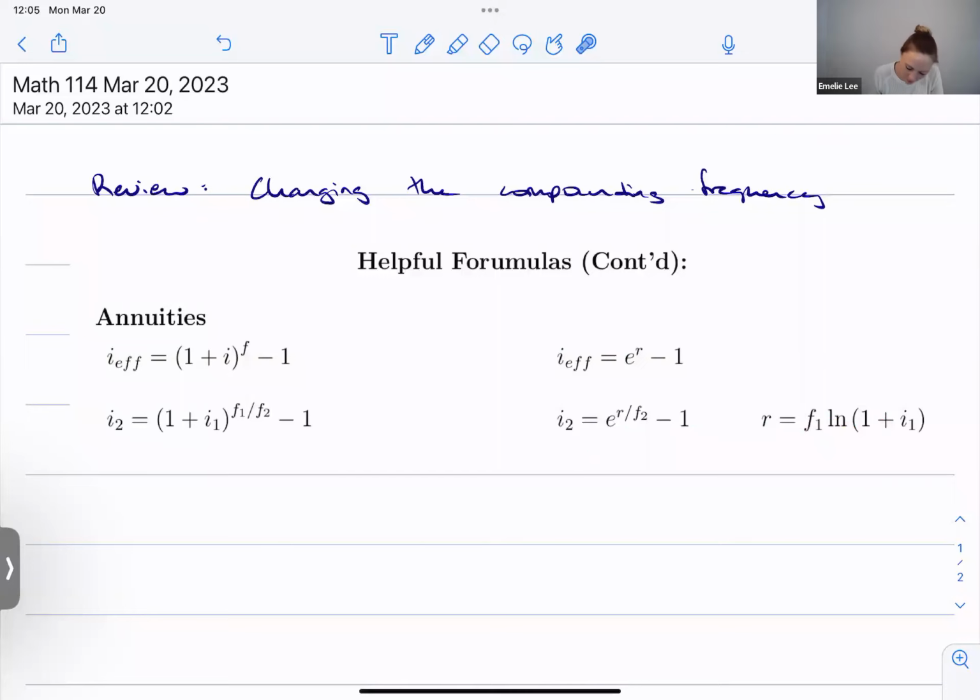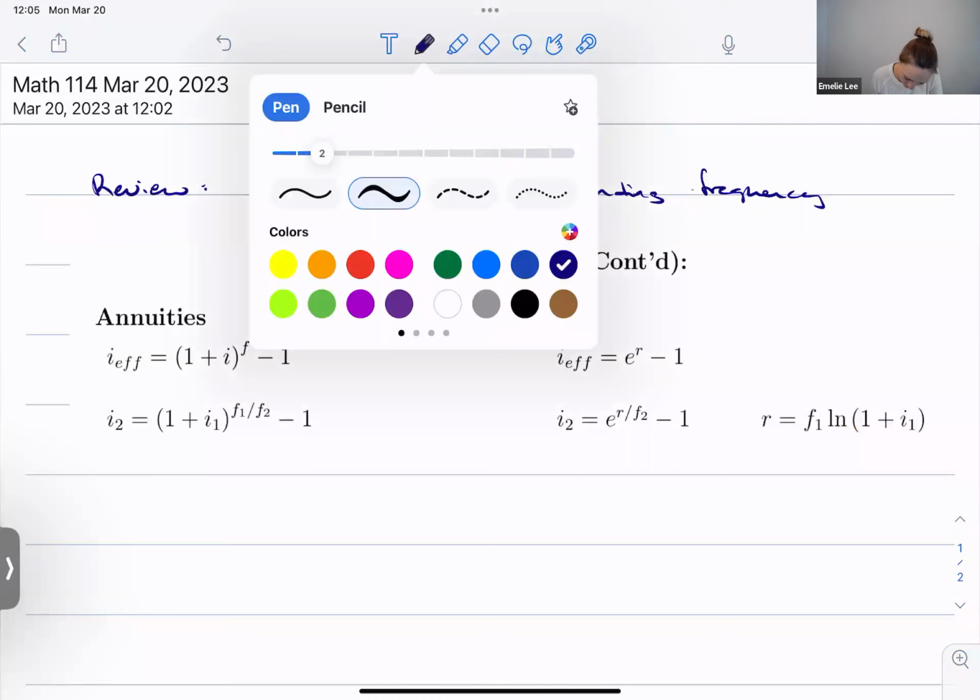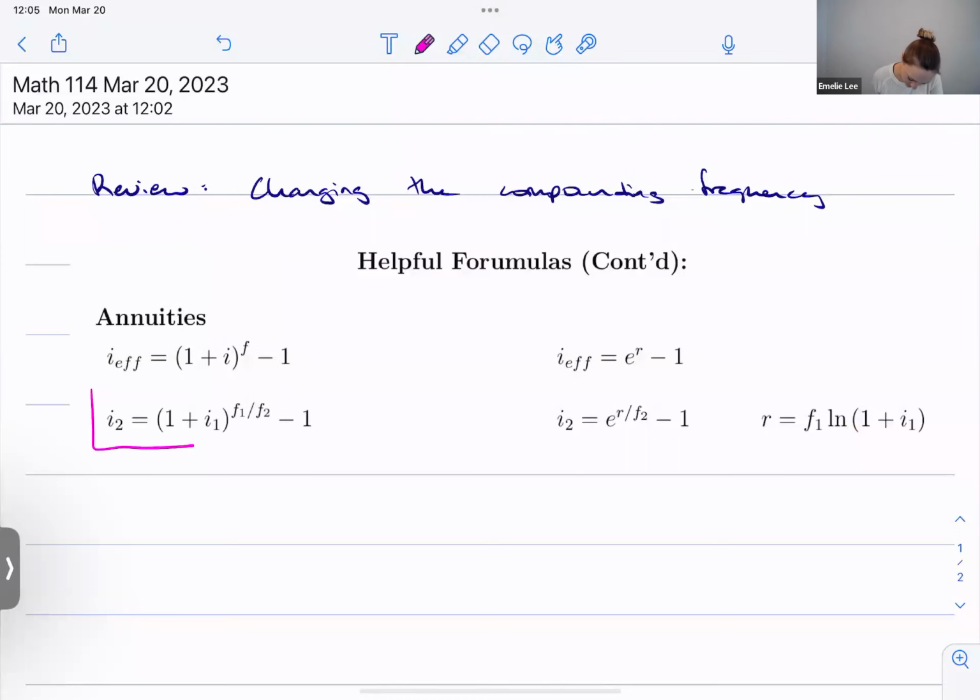Those are all good to know, but this is the one that we're going to focus on. These others are kind of special cases. The effective rate is that special case where we're moving to an annually compounded rate.